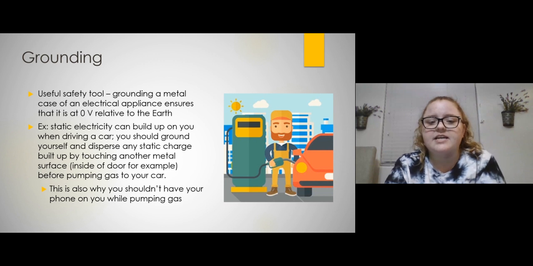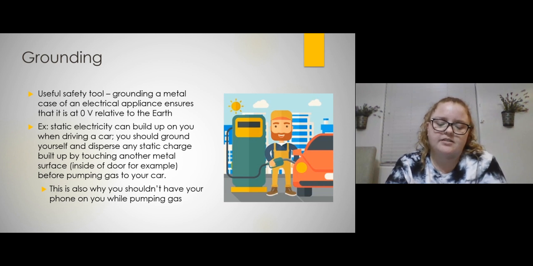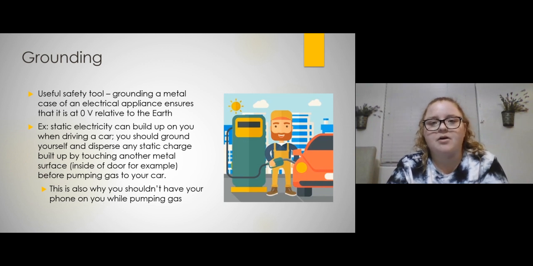A major example is when you're driving a car and you want to go get gas. Maybe you've been taught this, maybe you haven't, but static electricity can build up on you as you drive. If you go to pump your gas, you need to discharge yourself, so you need to touch another metal object or surface in order to ground yourself.